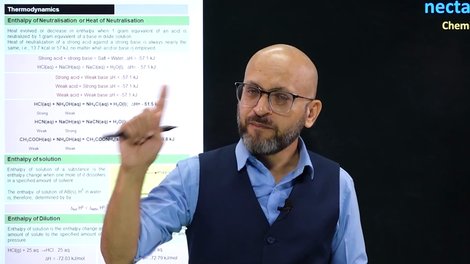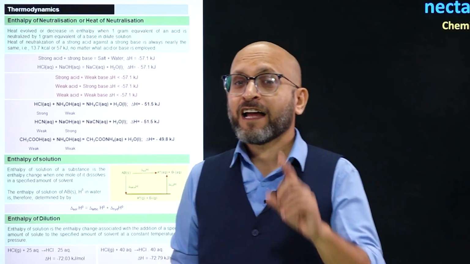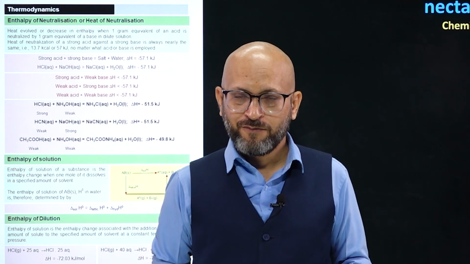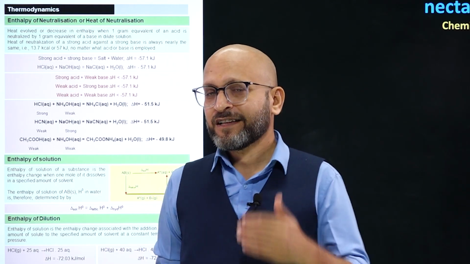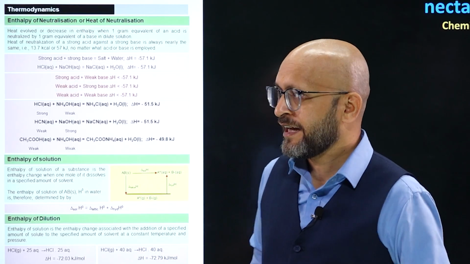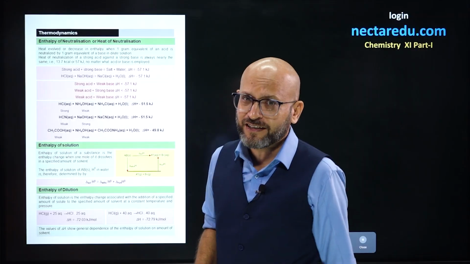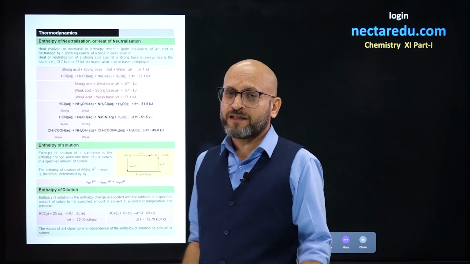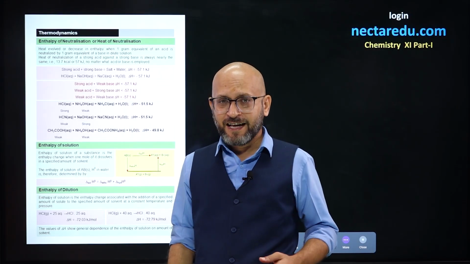When 1 gram equivalent of acid reacts with 1 gram equivalent of base and both are strong, the amount of energy released is a fixed value, and that is 57.1 kilojoule per mole, or minus 13.7 kilocalorie per mole, or per equivalent, you can say.